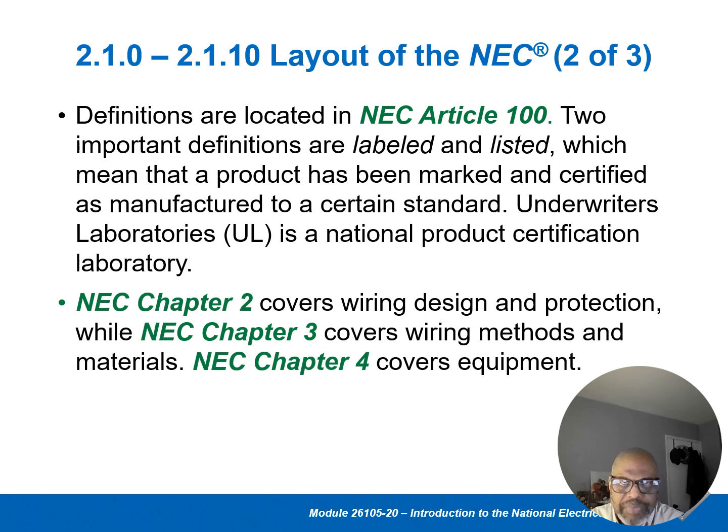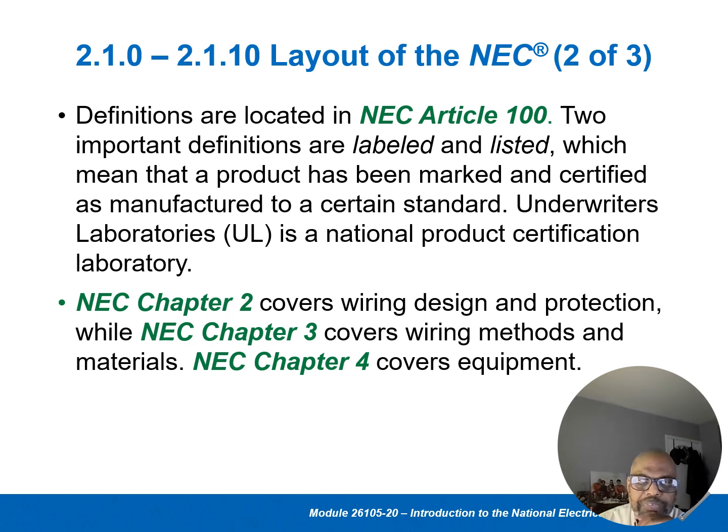Underwriters Laboratory, for example, is a national product certification laboratory. So again, they look at whether it has been tested, certified, and marked, or whether it hasn't received approval yet. But that's some of the things that Underwriters Laboratory will do.